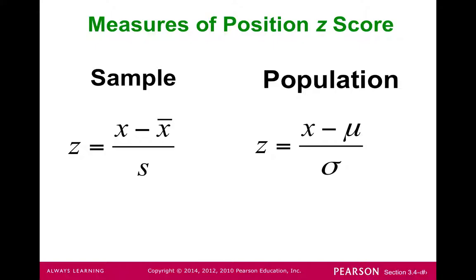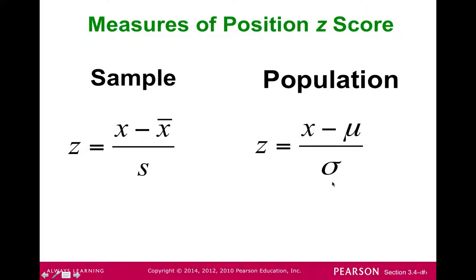Okay, so these are the two formulas that are used for z-scores. Although we introduce population statistics in a few places within the course, for the most part we're focusing on sample statistics, which is how most statistics is actually conducted. So let's focus over on this side of the slide. Our z-score is going to equal x, which is our data value, minus x bar, which is our mean, divided by the standard deviation.